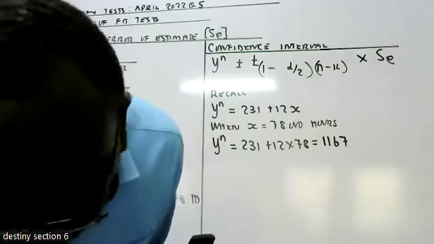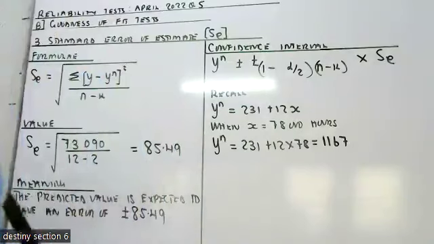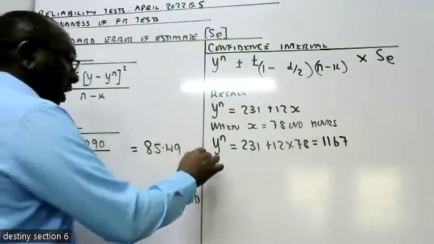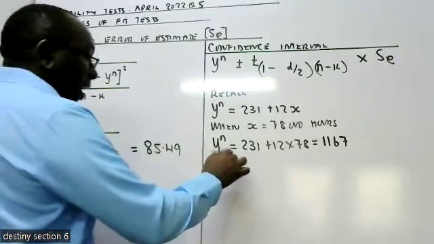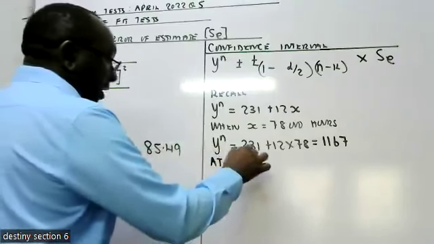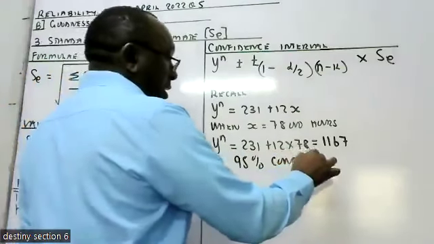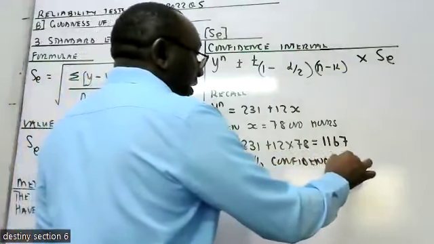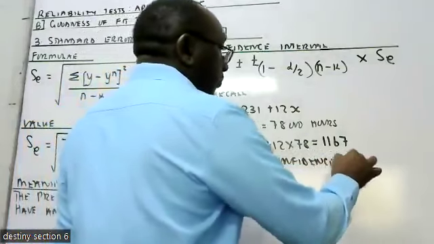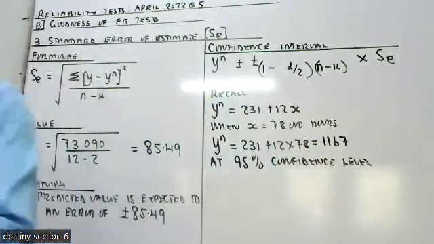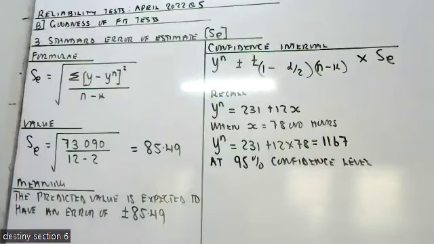The question has not mentioned the confidence interval, so we will have to design for ourselves. So we will say at 95% confidence level. But if the examiner had wanted you to do this, they would have given you that percentage.